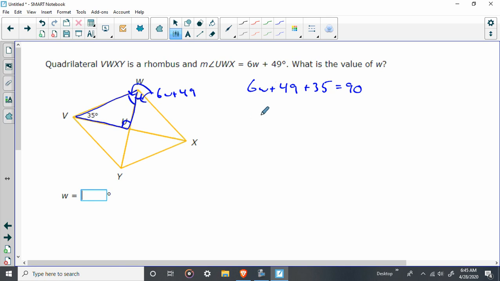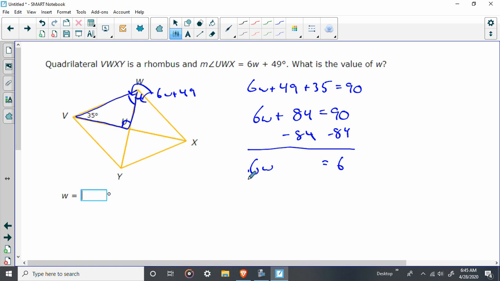You can't just do that because you feel like it. 6W plus 84, since 49 and 35 is 84. Let's see it through. 6W is equal to 6, which means that W is equal to 1. Again, don't always set things equal to each other. Sometimes they're going to be complementary, sometimes they're going to be supplementary.